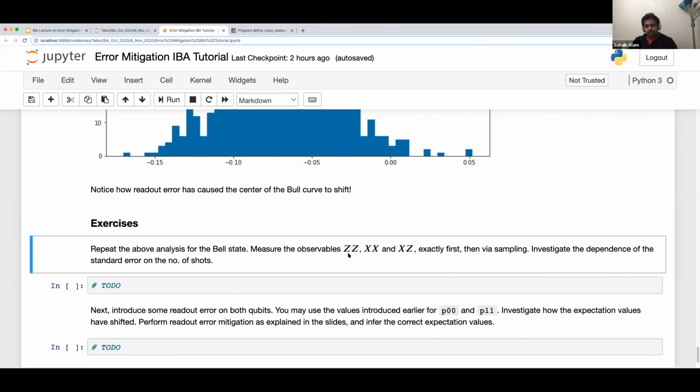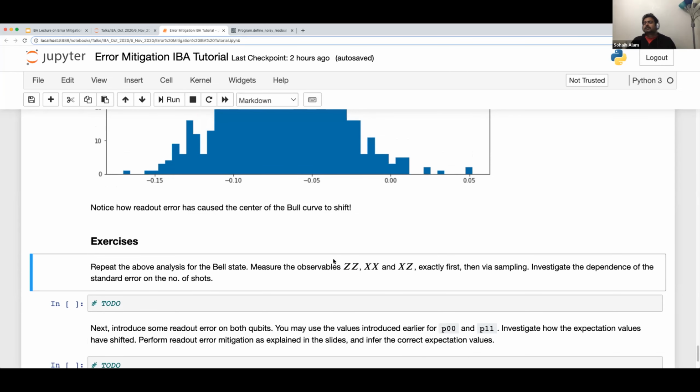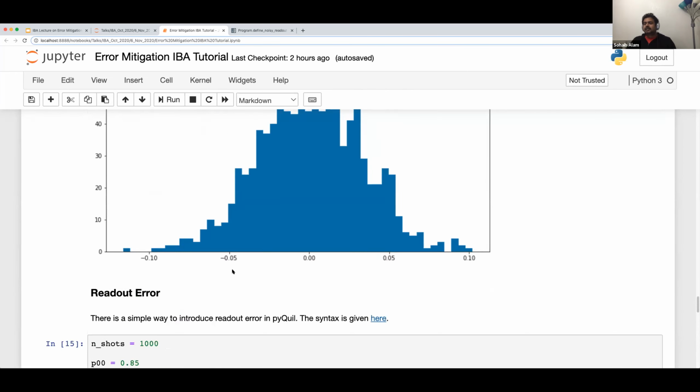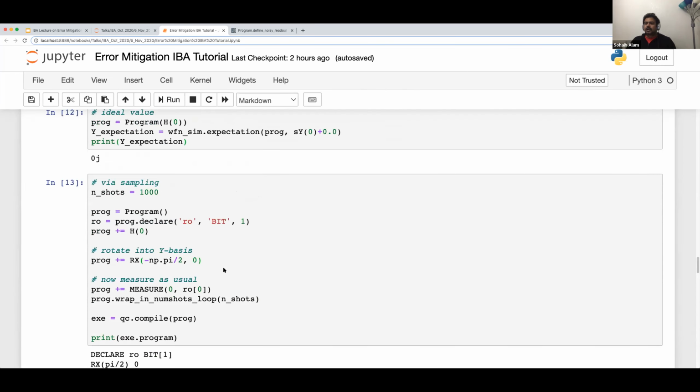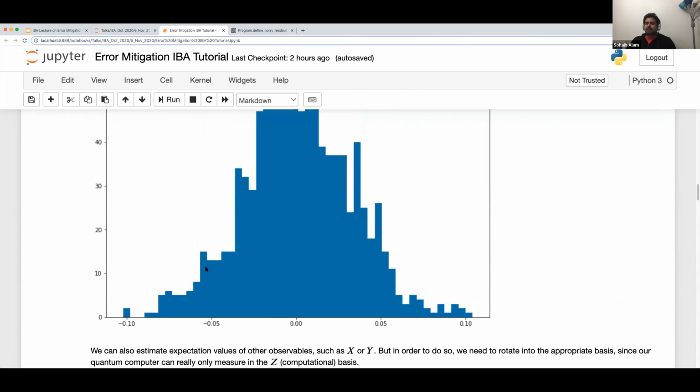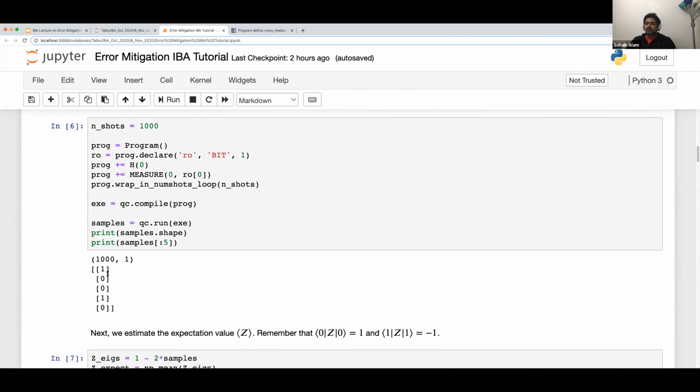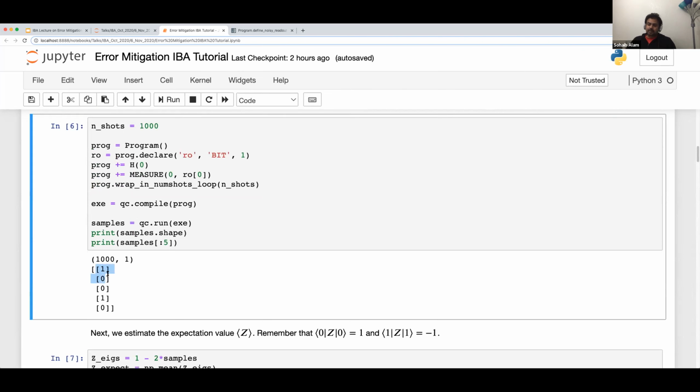The one complication that can come up is that, whereas previously you just had a single Z, a simple one-dimensional array of values, now your NumPy array is going to be an n-shots by 2 shaped array, right?